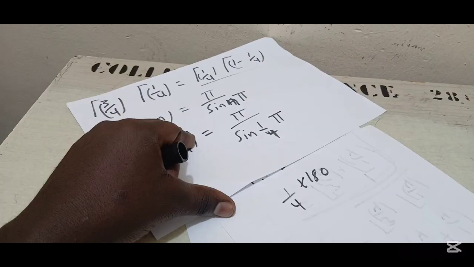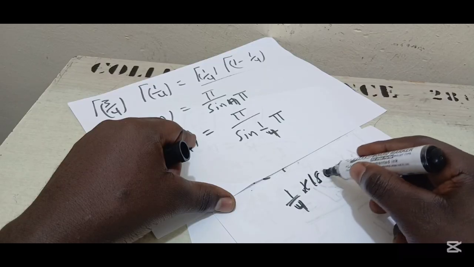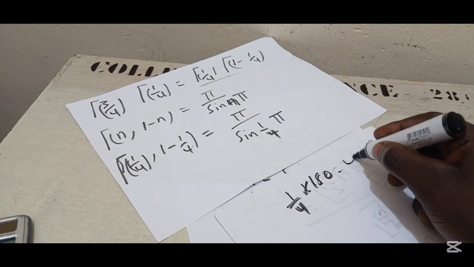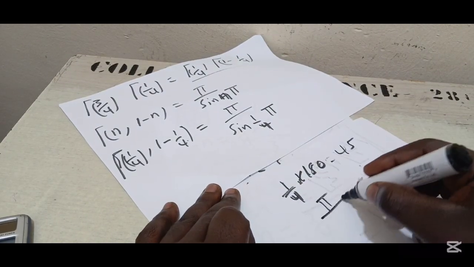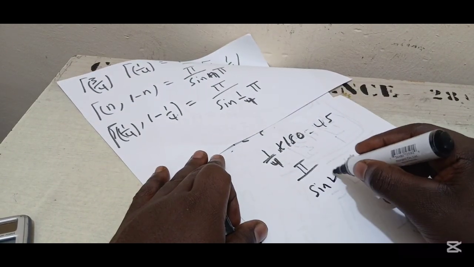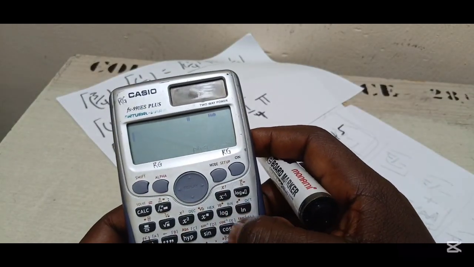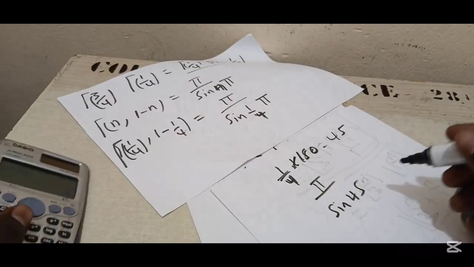So pi is just like 180. We have 1 on 4 multiplied by 180, and this is going to give us 45. So it means here should be sine 45, so we are going to get pi on sine 45. And what is the value of sine 45? Sine 45 gives us root 2 on 2.